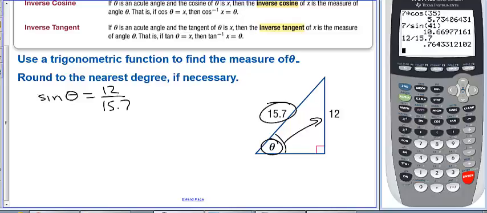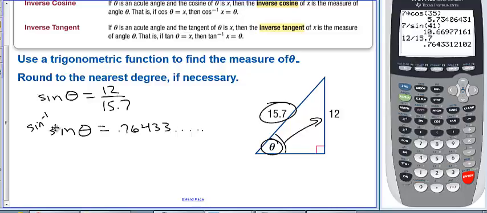Keep on going, right? So now we have the sine of some angle is equal to 0.76433. Well, we've got to get rid of the sine function on the left-hand side, so it'll say just theta equals something. So let's take the inverse sine of both sides. That's the opposite of taking sine.